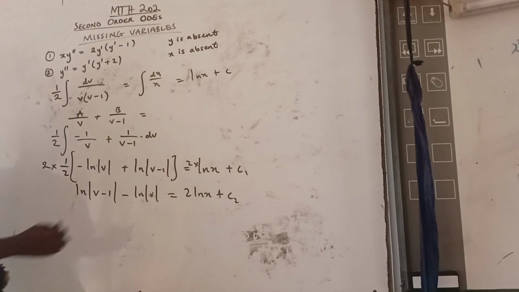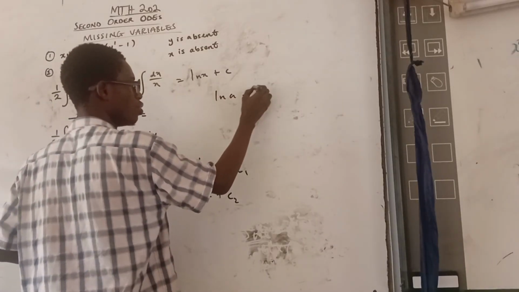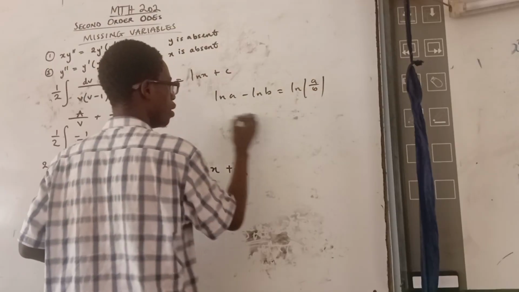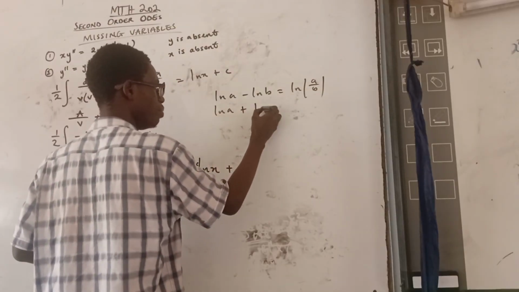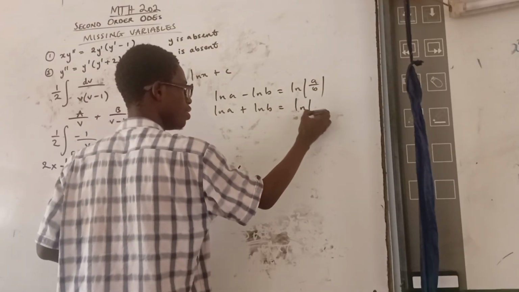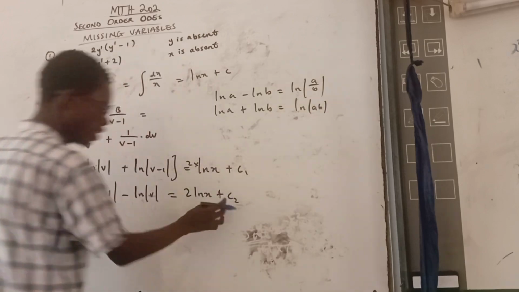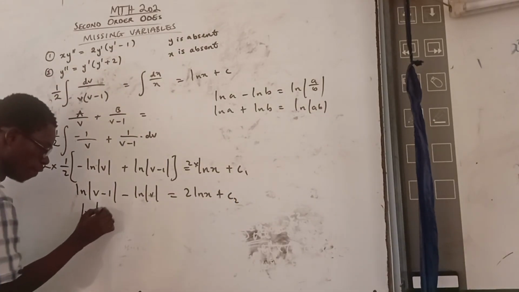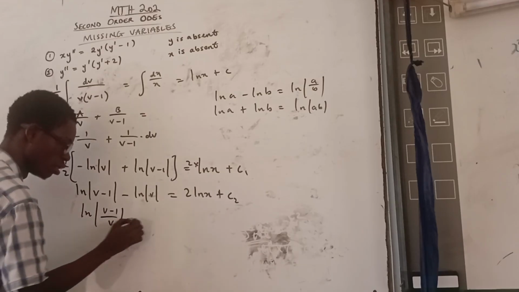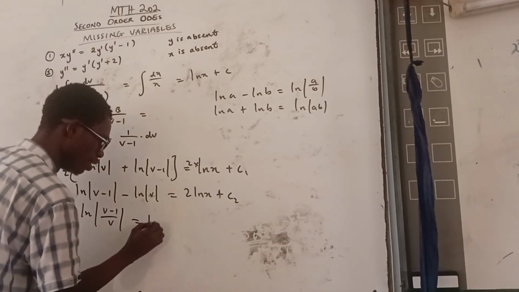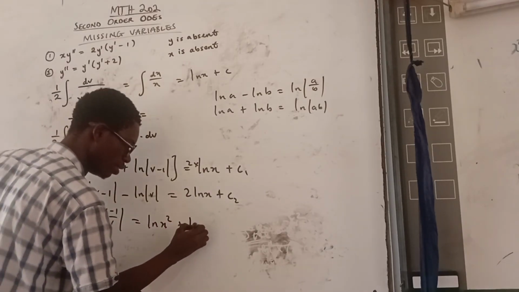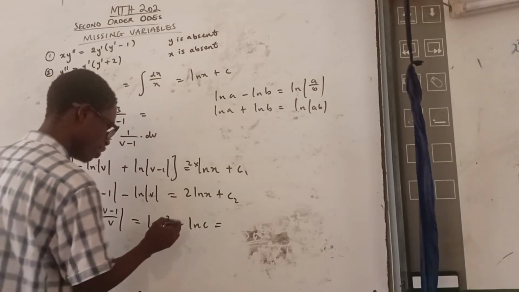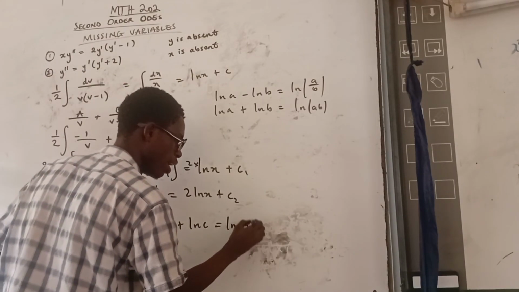Now, don't forget, ln a minus ln b is the same thing as ln (a over b). ln a plus ln b is the same thing as ln (ab). So on this side I can write ln of (v minus 1) over v equals ln x squared plus ln c, which is equivalent to ln (cx squared).